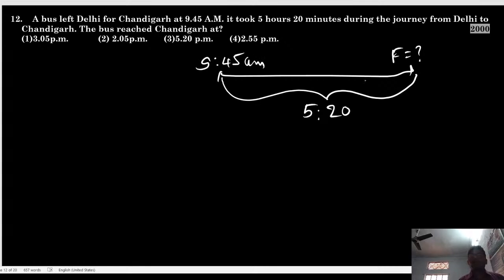To find finishing time we have to add. Finishing time is equal to starting time plus duration of activity.